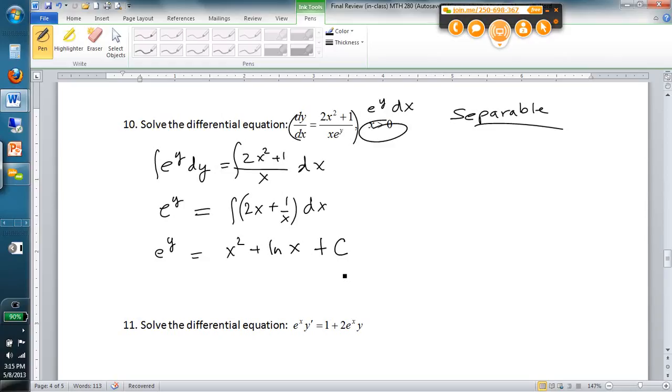And then I also need plus c. Okay? Now the idea when I solve a differential equation is I want to find the y equation that solves it. Actually, it'll be a family of solutions, but how do I solve e to the y for y? How about we take the ln of both sides?